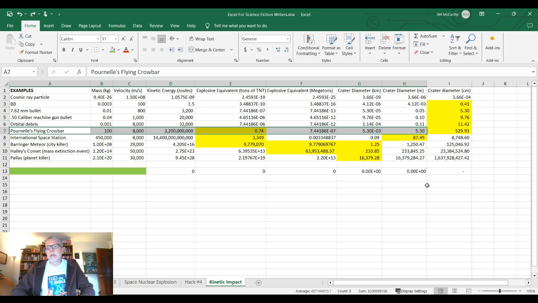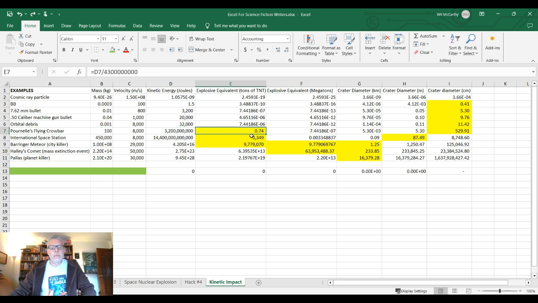So to destroy a target, you would need a number of Pournelle's flying crowbars, and that's consistent with his writings on the subject. You can see I've used yellow highlighting to highlight the units that are of relevance to us here.